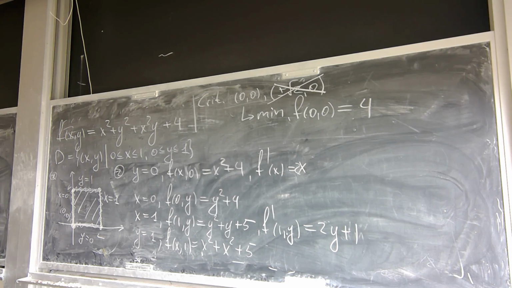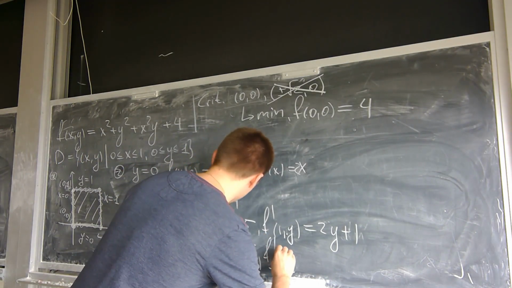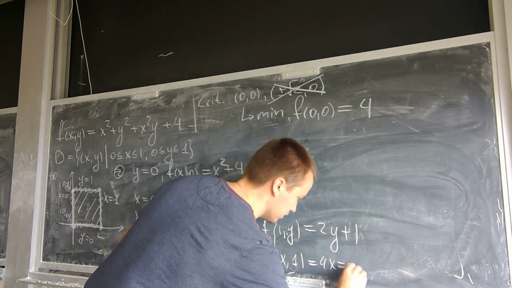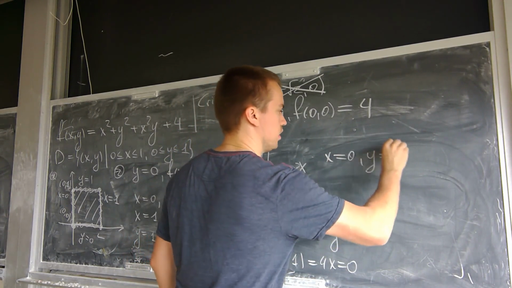Is this minimum or maximum? It's maximum. I have this point 0, 1 because my f prime of x, 1 equals 4x equals 0. So my critical point is x equals 0, but I know y equals 1.